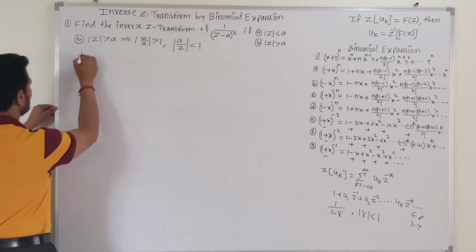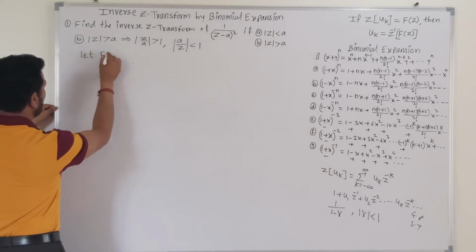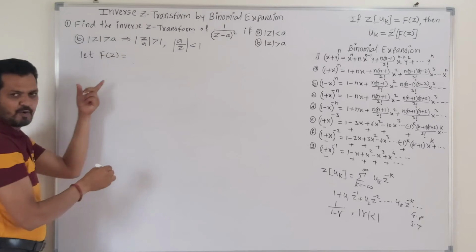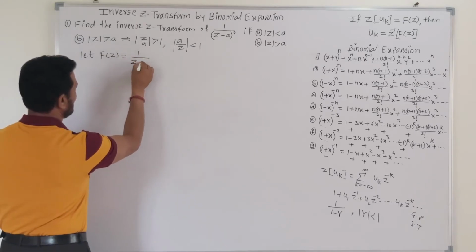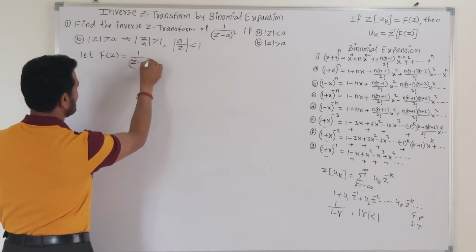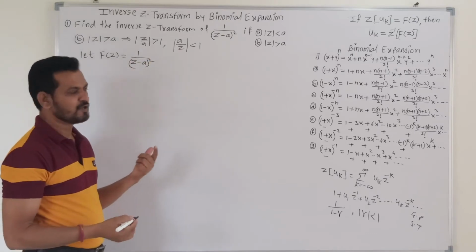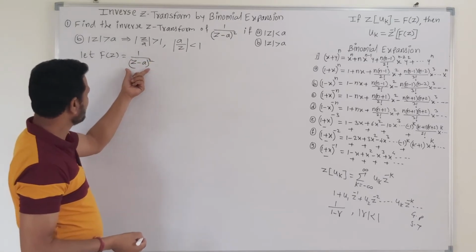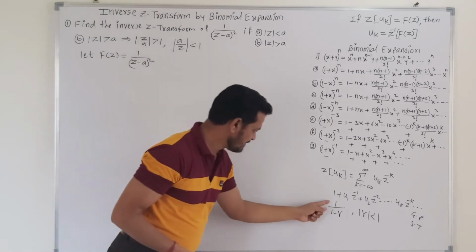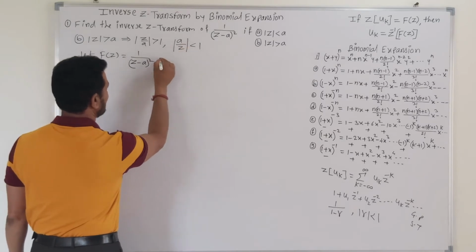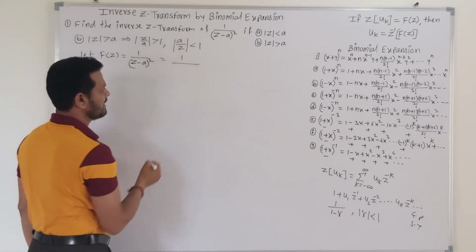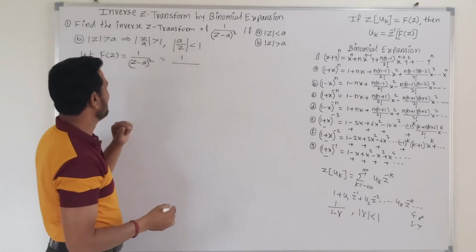Now let's write down the given function as f of z. So this is just a notation to denote the given function, and this given function is 1 upon z minus a its square. Now friends, try to understand that we are writing this function in terms of 1 upon 1 minus r, where the value of r is a by z. That means write down the denominator in a by z form.